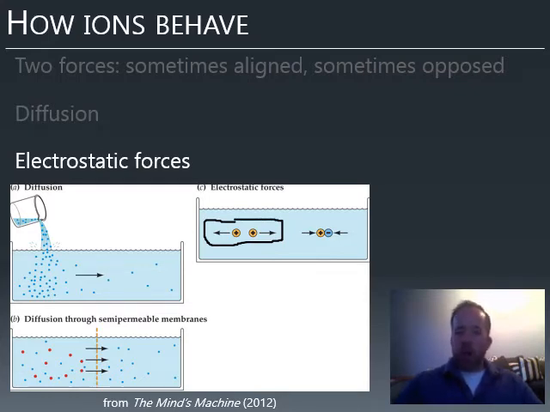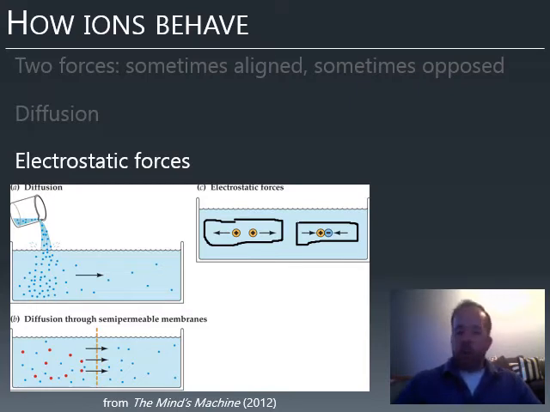They're the same charge, and so they push each other apart. But if they're oppositely charged, those tend to attract one another. So positive ions tend to move toward negative ions and vice versa. So you have these attractive and repulsive forces based on the charge of the particle.